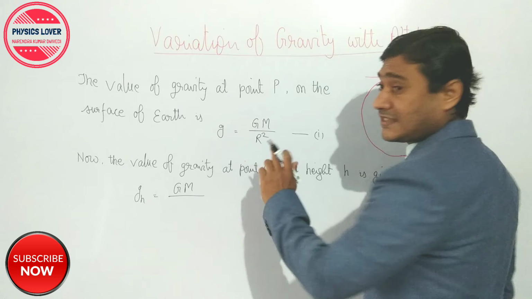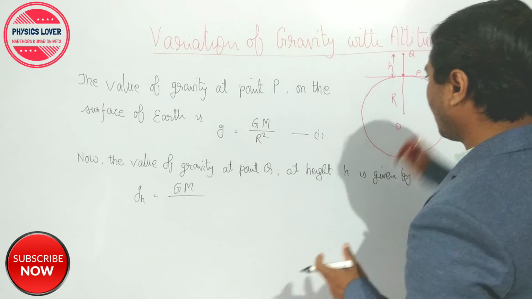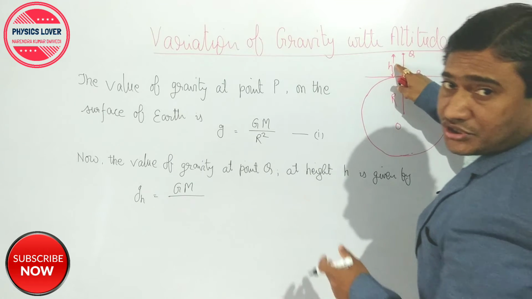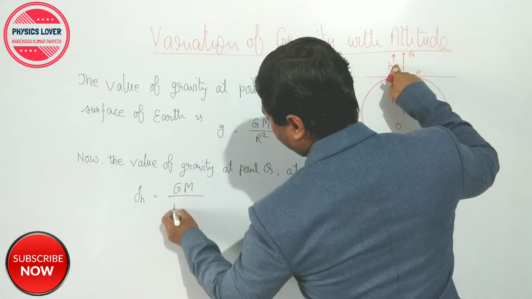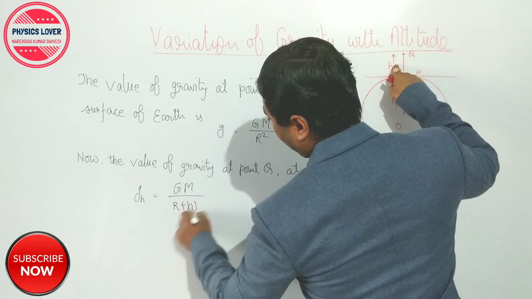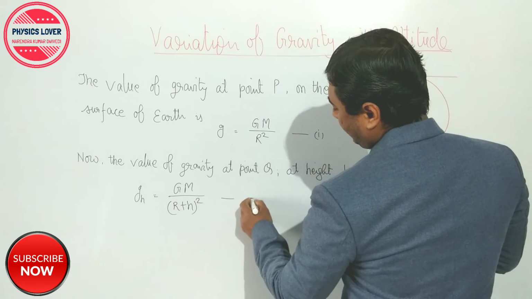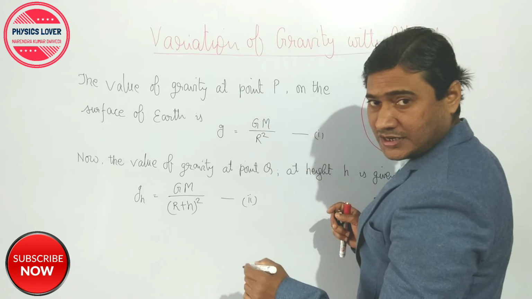Now this distance R will vary. From the center it is R plus H. So I am writing G M upon R plus H whole square. Let me call this equation number 2.